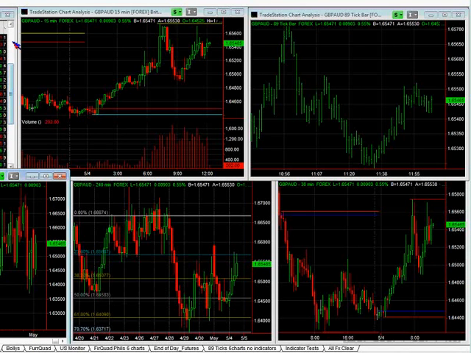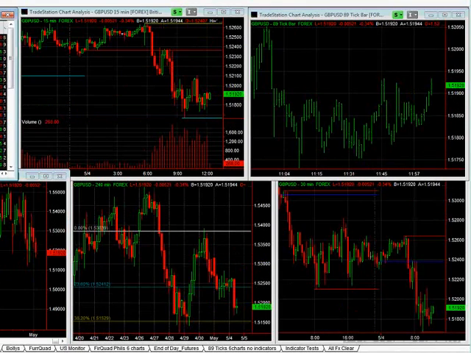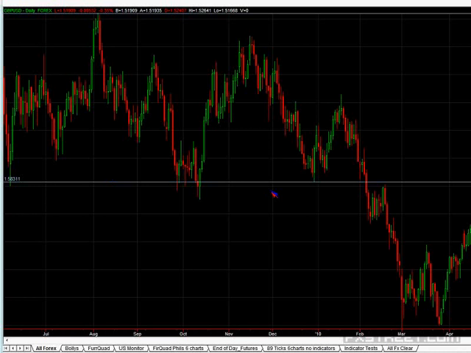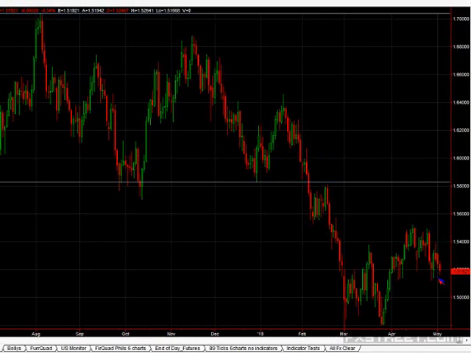Right, okay, let's just move to cable right now, and just look at what is going on here. Now, what have we got? Well, we've got a series of waves that have moved on down. You can count these waves moving on down. We've moved down to this multi-point reversal. Price has actually popped up, and right now we're stuck in the middle. So there probably is not a tremendous amount here to really get me totally excited.